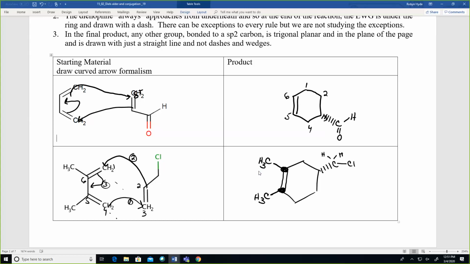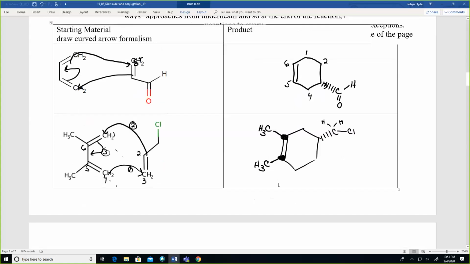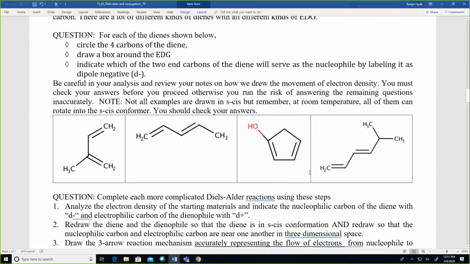Okay. So now, complicated dienes. Let's go ahead and talk about dienes. In the first block, we have a diene. What I want to highlight about this diene is I have an electron donating group on carbon 2.